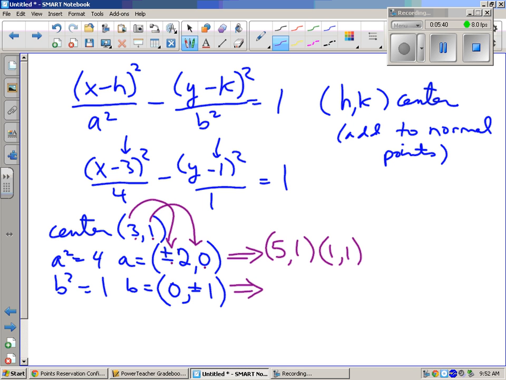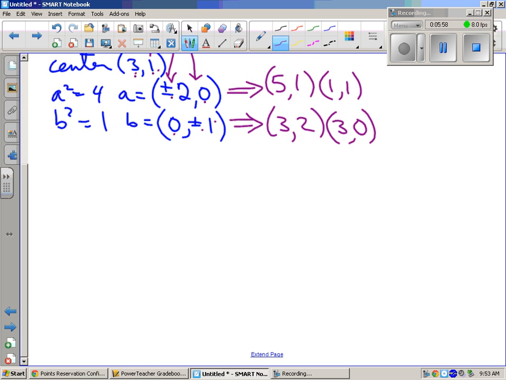Then we have the other ones. 3 plus 0 is 3. 1 and a positive 1, it would be 2. Again, 3 and 0 is 3. And 1 and a negative 1 is 0. So we need to plot those points. So 5, 1; 1, 1; 3, 2; and 3, 0.